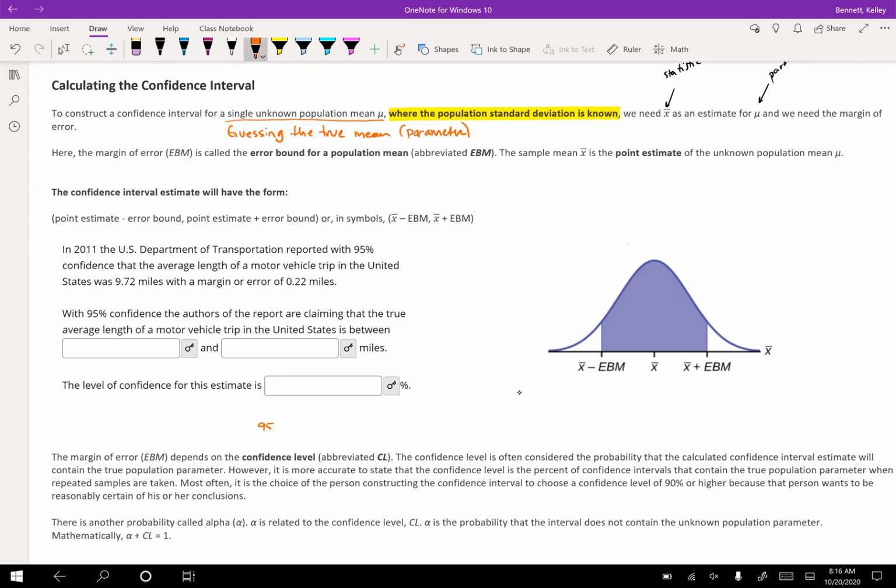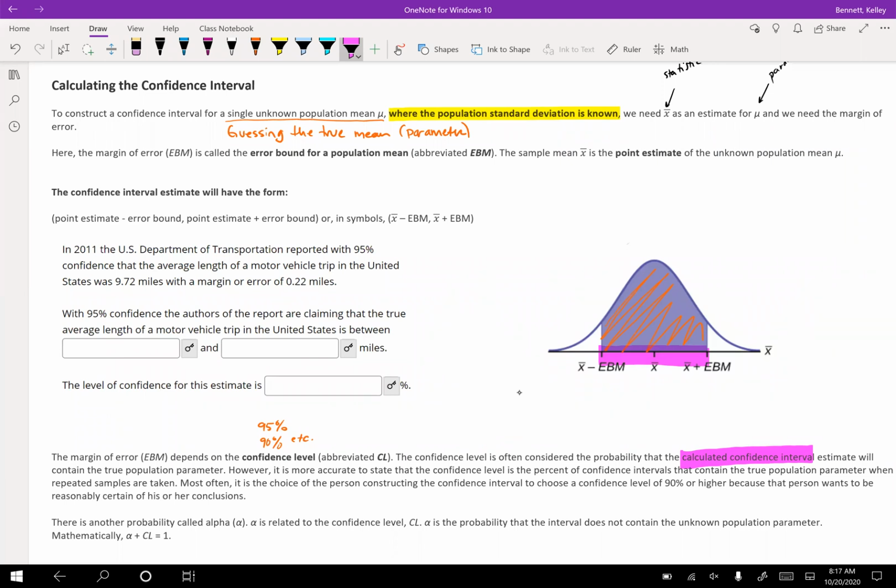The confidence level is considered to be the probability that the calculated confidence interval, which is this shaded region right here, the set of all possible outcomes here, will contain the true population parameter.